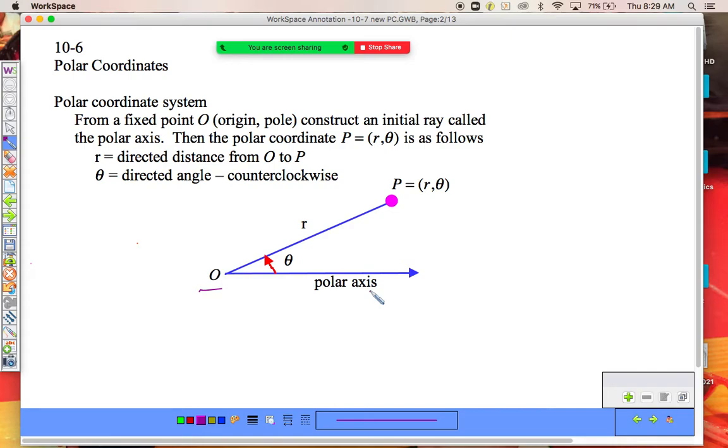Our ordered pair is r comma theta, where r is the directed distance from O to P, from my vertex to my point, and theta is my directed angle.